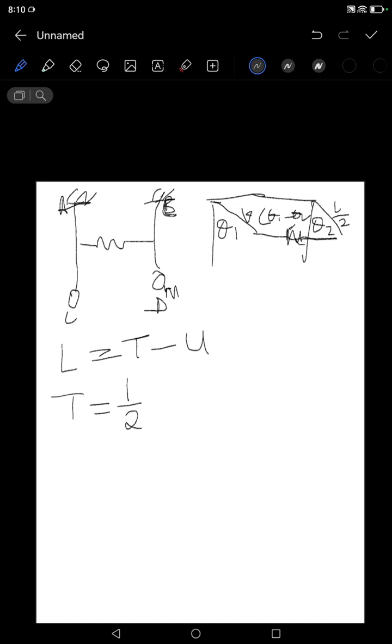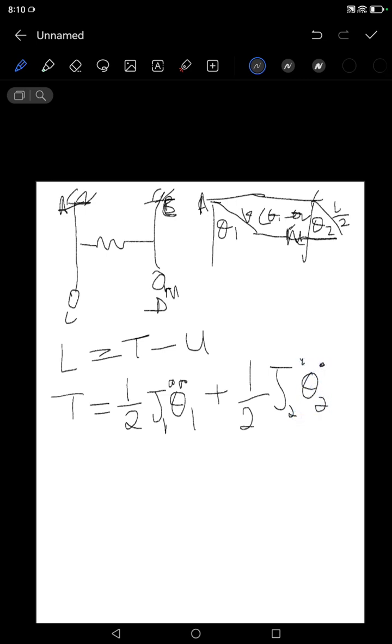So here we're going to have half, because it's rotating, the moment of inertia multiplied by the acceleration, plus half. So this is 1 for A, the hinge at A, and then at C we're going to say it's 2. So we're going to have the moment of inertia at 2, which is J2 theta 2 dot dot.